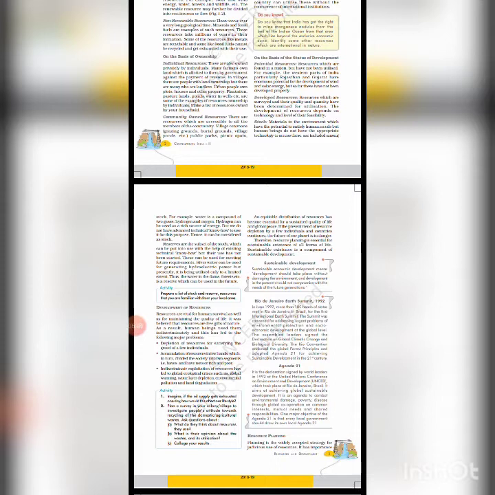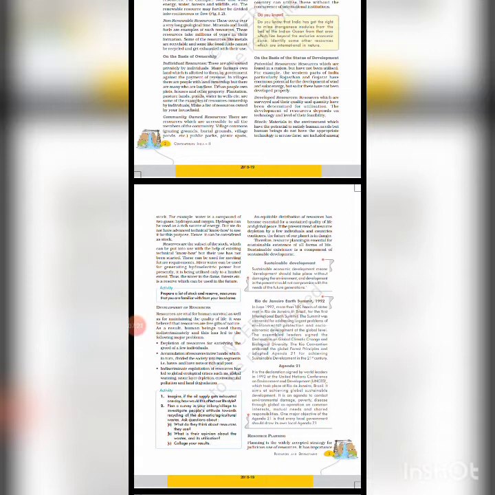Now, community owned resources. These types of resources are accessible to all the members of the community, such as grazing grounds, burial grounds, public parks, picnic spots, playgrounds, etc. Now, national resources are those resources which are owned by a particular nation or country.